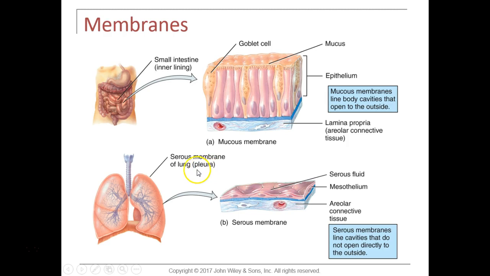It's considered to be a serous membrane because the serous membranes in the body, these squamous cells, secrete a lubricating fluid to the outside of the organ. So your lungs in the thoracic cavity are lubricated by a serous fluid secreted by a serous membrane.